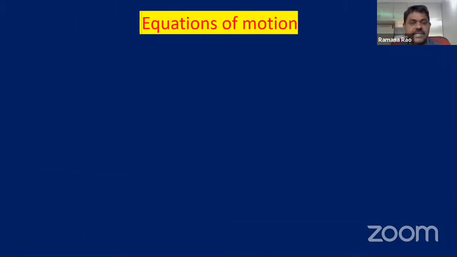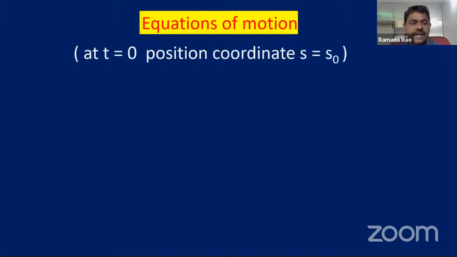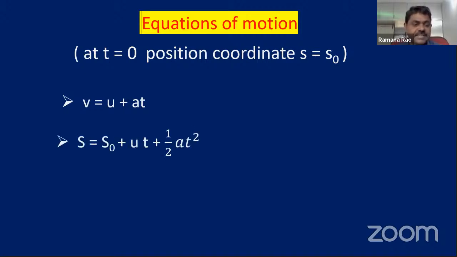Next, coming to equations of motion. At t is equal to 0, if the position coordinate is already s is equal to s naught, that means if a body already has some displacement in the beginning itself, the body has covered some distance, then equations of motion are v is equal to u plus at, s is equal to s naught plus ut plus half at square.